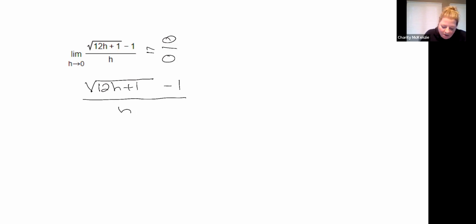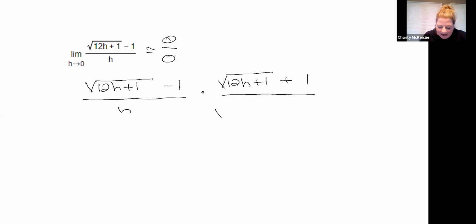So I'm going to multiply by the conjugate on the top. The conjugate is where you change the sign in between the two terms. So I'm going to make that a plus. So I'm going to times by the square root of 12h plus 1 plus 1, because it was a minus. Now we're going to make it plus.